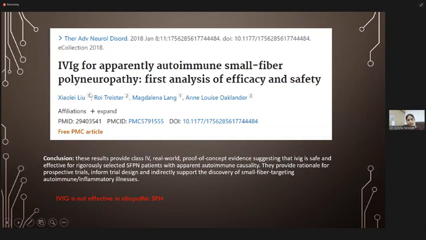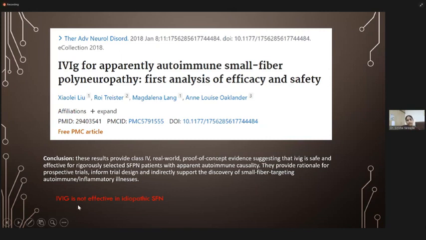There is also a search for an apparent autoimmune basis for small fiber neuropathy. There were some studies which tried to give IVIG for such severe pains of small fiber neuropathy. Some of the studies have concluded that there is class 4 evidence that IVIG is safe and effective for small fiber neuropathy with an apparent autoimmune causality.